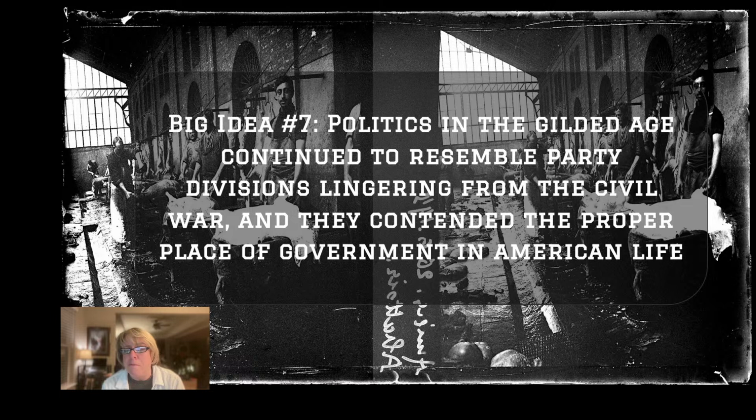The major political parties during this time were the Republicans and the Democrats. The Republicans were typically supported by middle-class businessmen, by Protestants, and by African Americans. The Democrats on the other side were more centered around big city political machines, the immigrants, as well as white Southerners. So those are your divisions.